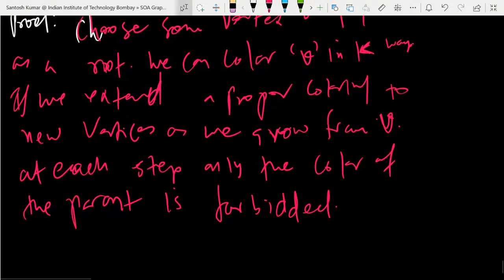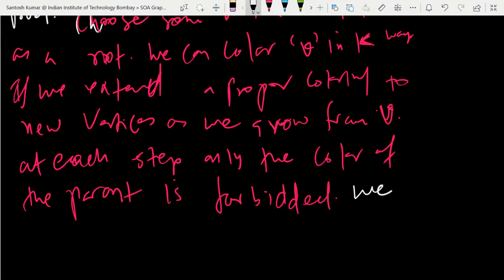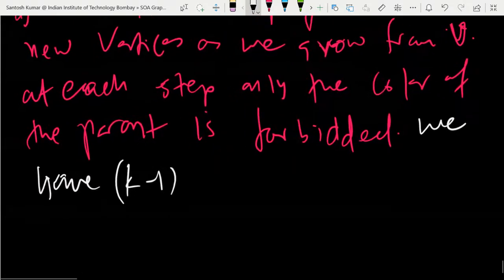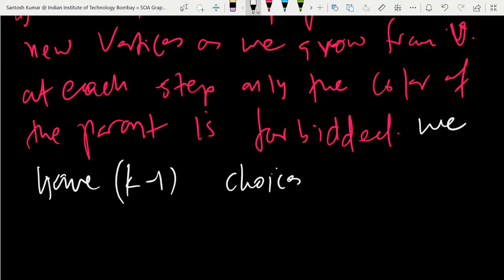So just you have one restriction, you have one less choice. So we have k minus 1 choices for the color of new vertices.